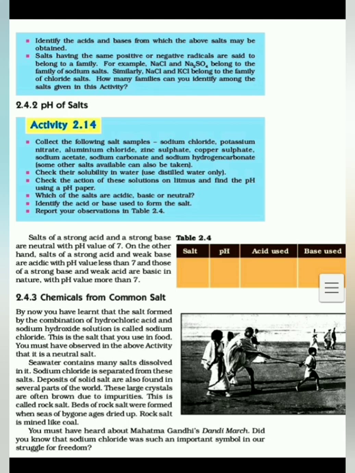Check the action of these solutions on litmus and find the pH using pH paper. Which of the salts are acidic, basic or neutral? In this activity you will find that sodium chloride, NaCl, and potassium nitrate, KNO3, are neutral salts having pH 7.